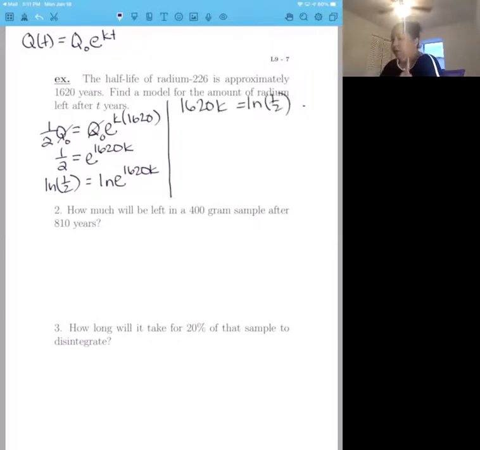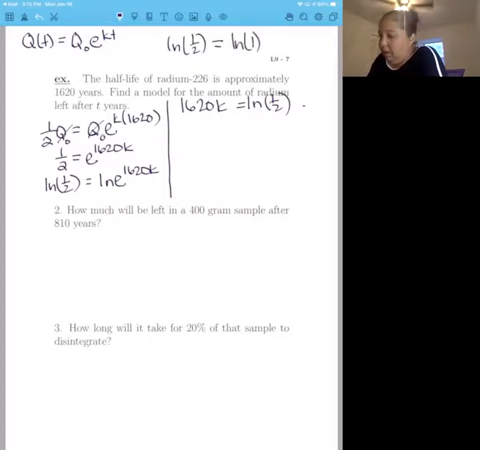Now, let me remind you that by the laws of logarithms, natural log of 1/2 is natural log of 1 minus natural log of 2. Natural log of 1 is 0, so negative natural log of 2 gives me something negative. You can leave it as natural log of 1/2 or write it as negative natural log of 2.